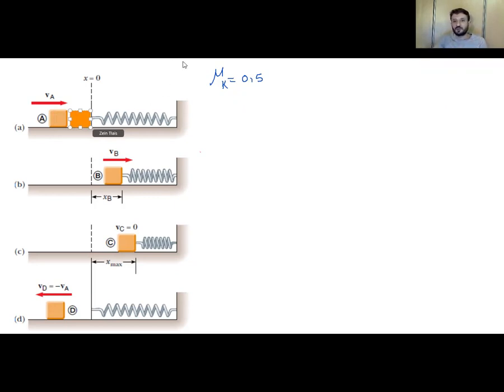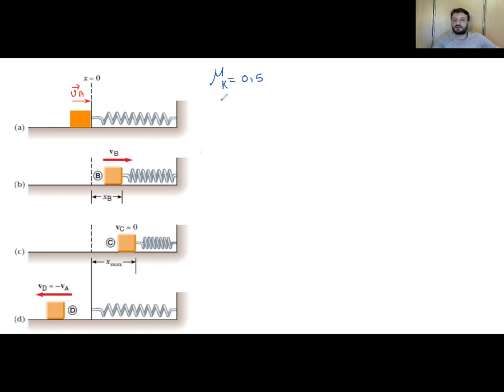So at this moment we have VA equals 1.2.